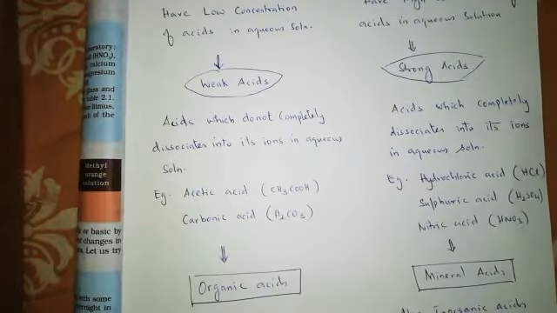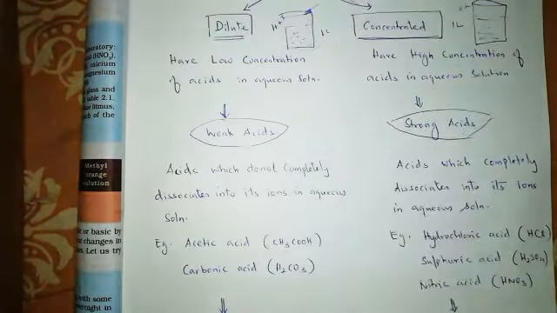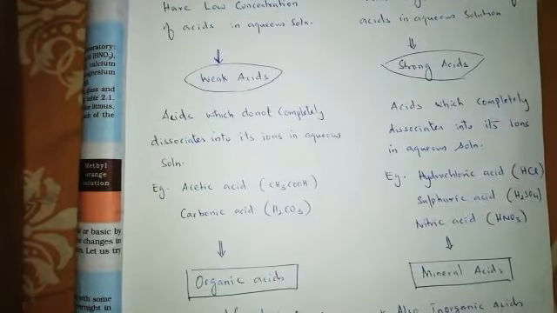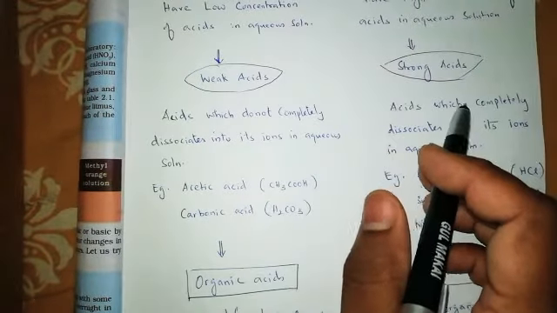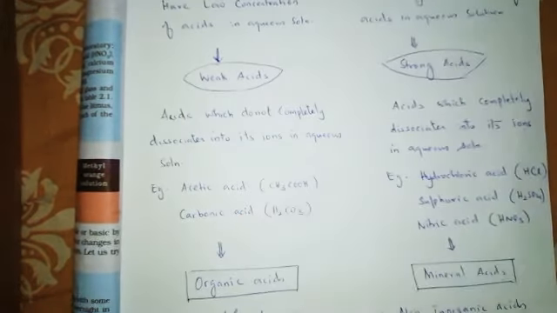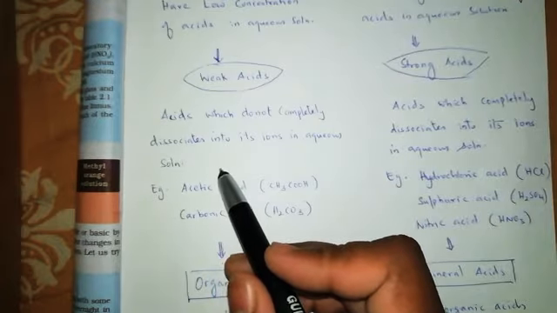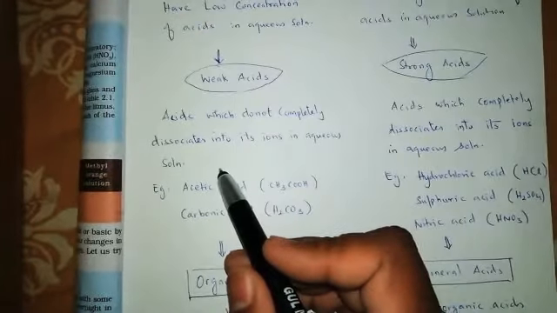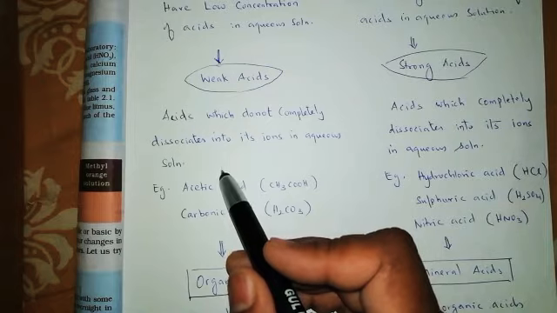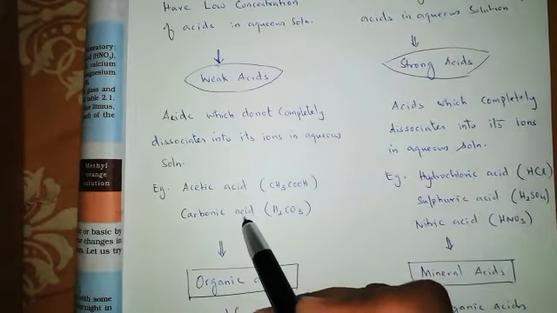Okay, let's move on. If it is a dilute acid, then it's going to be a weak acid. So what are weak acids and strong acids? Weak acids are acids which do not completely dissociate into their ions in aqueous solution. They won't dissociate properly. Examples are acetic acid and carbonic acid.